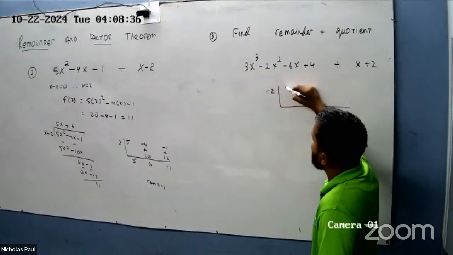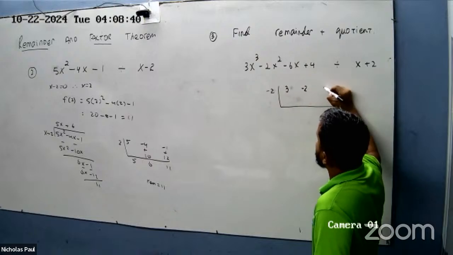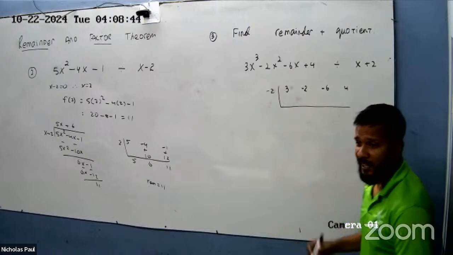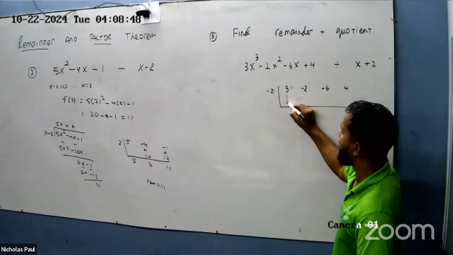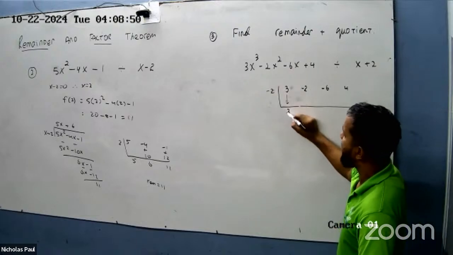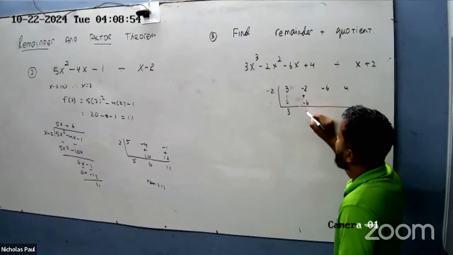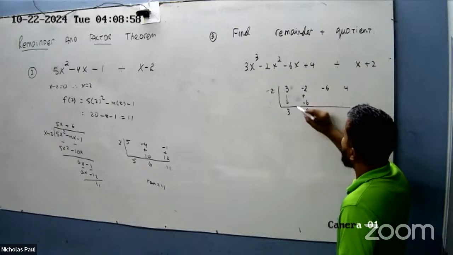And here, coefficients of x cubed, coefficients of x squared, coefficients of x, constant. And you recognize this is much shorter, right? So bring down the minus 3, bring down the 3, minus 2 by 3 is minus 6. Add, I am getting minus 8. Minus 2 by minus 8 is 16.